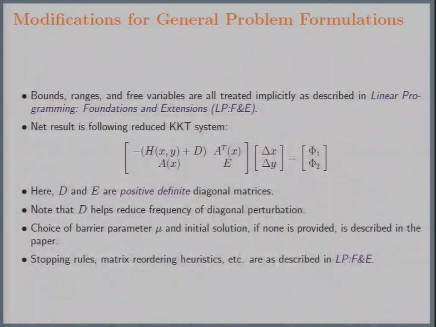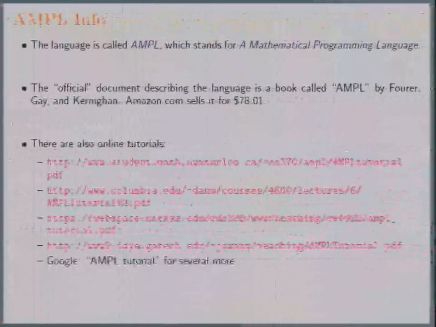And when you take into account all those things implicitly, you still get the same kind of equation as we had before. It's just that these diagonal matrices here and here come out to be a little bit different than the simple things they were before, XZ inverse and YW inverse. But otherwise, everything looks the same. Anyway, more detail on all these things is in my book.